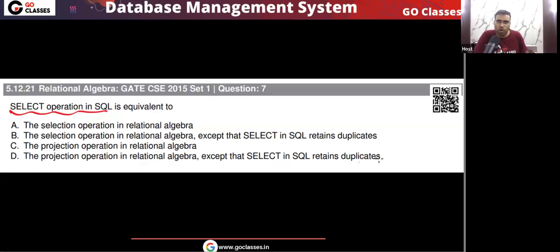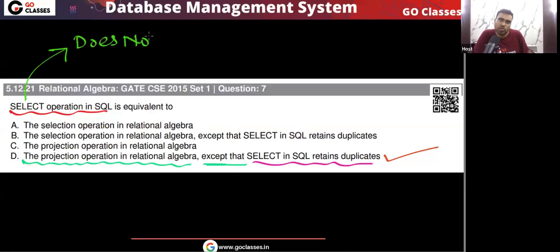So the answer will be option D. You can see that the select operation of SQL is similar to the projection operation of relational algebra, except that select in SQL retains duplicates. Is this clear? Let me know. Because remember, the select operation in SQL does not eliminate duplicates. Yes or no? This does not remove duplicate tuples.